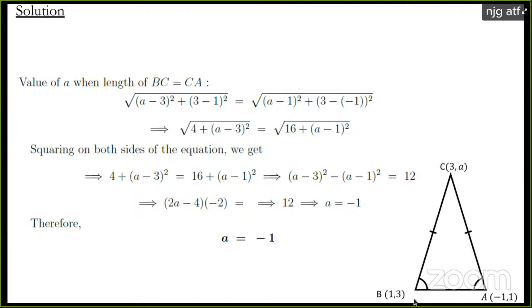So if you simplify it, you will get a is equal to minus 1. So our option C will be true. So for these values of a, we will get 2 out of 3 sides equal, making it an isosceles triangle.